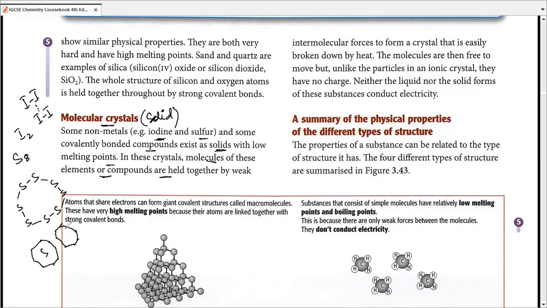This one can attract this one by weak forces of attraction. So these forces of attraction are actually broken down easily by heat. Molecules are then free to move, but unlike the particles in ionic crystals, they have no charge. Neither the liquid nor the solid forms of these substances conduct electricity. They are, and I'm going to add points to it, insoluble in water.